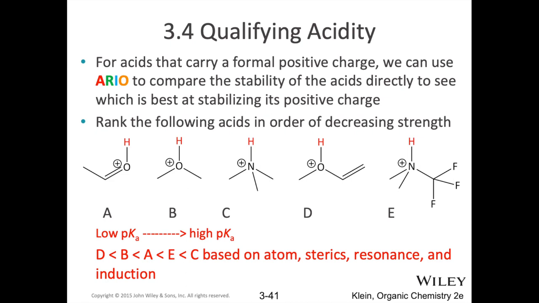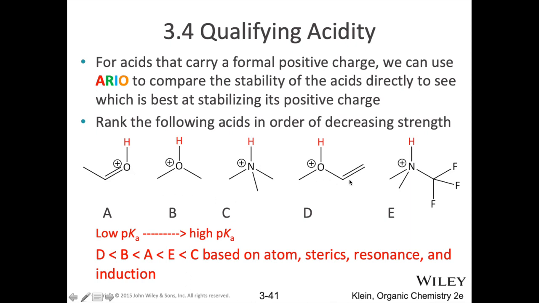We can then keep working down to try and further parse out this order. So if we look at resonance structures, we'll see that A gets stabilized due to the pi electrons in this double bond being able to alleviate that positive charge on the oxygen.